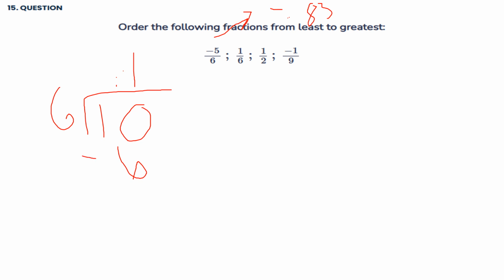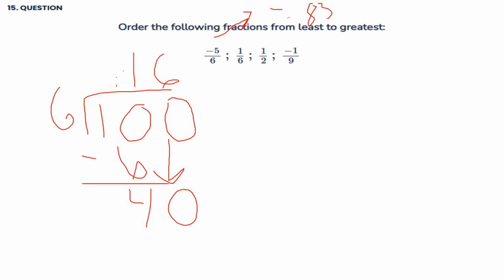So we subtract 6 from 10, that gives us 4. We want to get at least 2 numbers after the decimal place. So we add another 0 because 6 can't go into 4. We bring that 0 down, that becomes 40. And 6 can go into 40 6 times. 6 times 6 is 36. So we are good with that number.